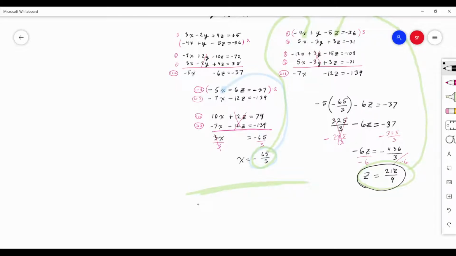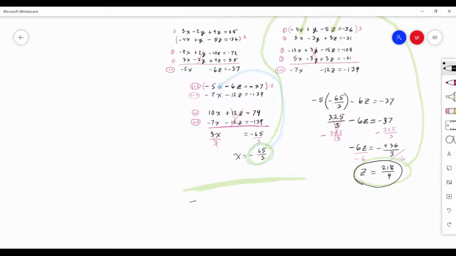So we're going to do negative 4 times negative 65 thirds plus y, minus 5 times 218 over 9 equals negative 36.